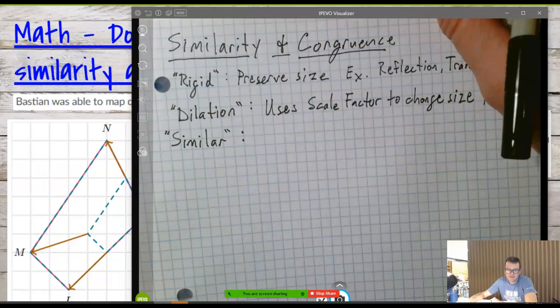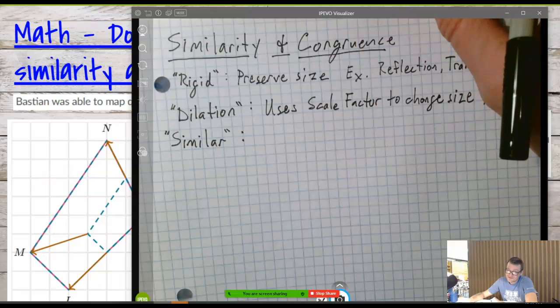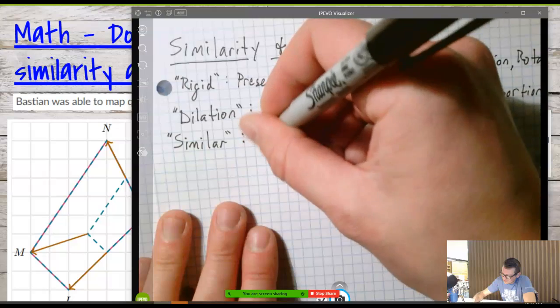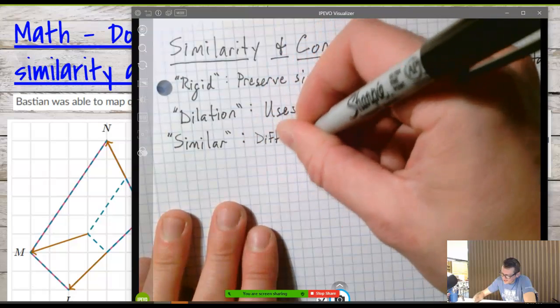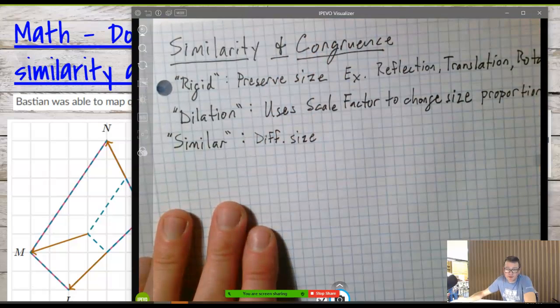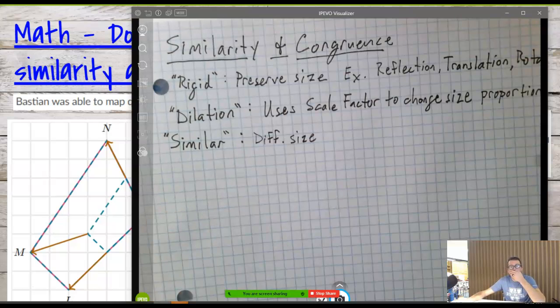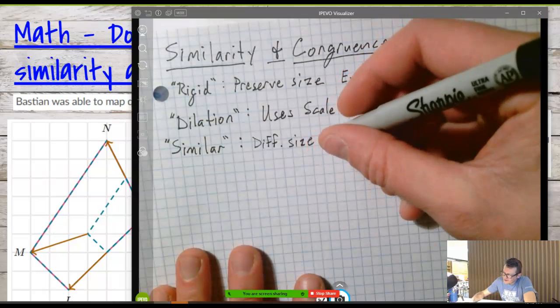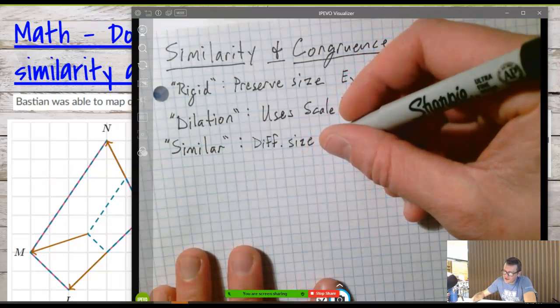Oh no, like the entire, not just like the shapes, but. So you're right, different size, right? So for similar, go ahead and write down different size. But different size, but all sides.